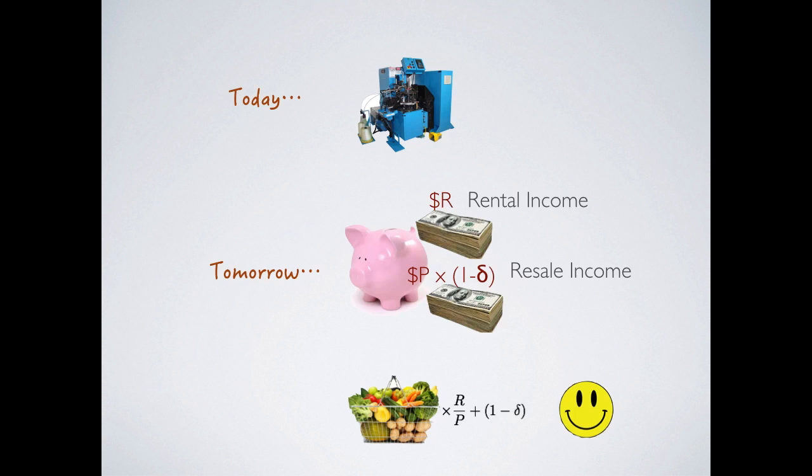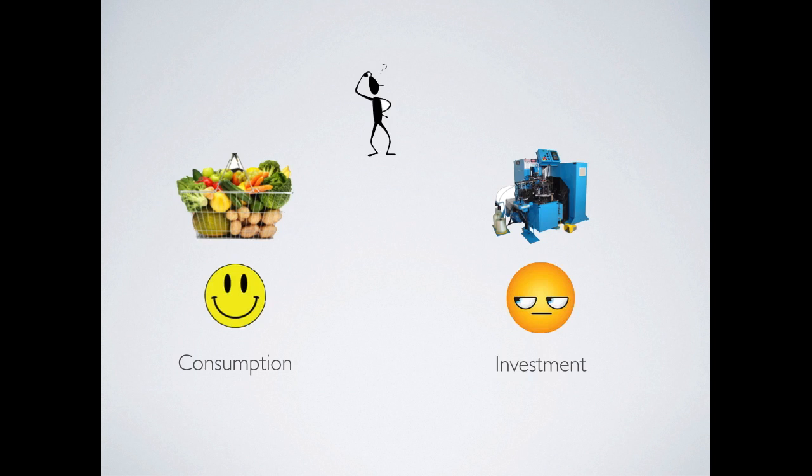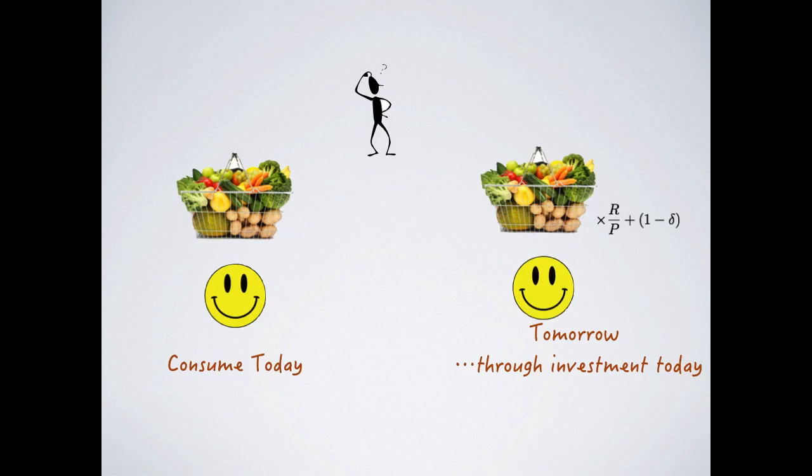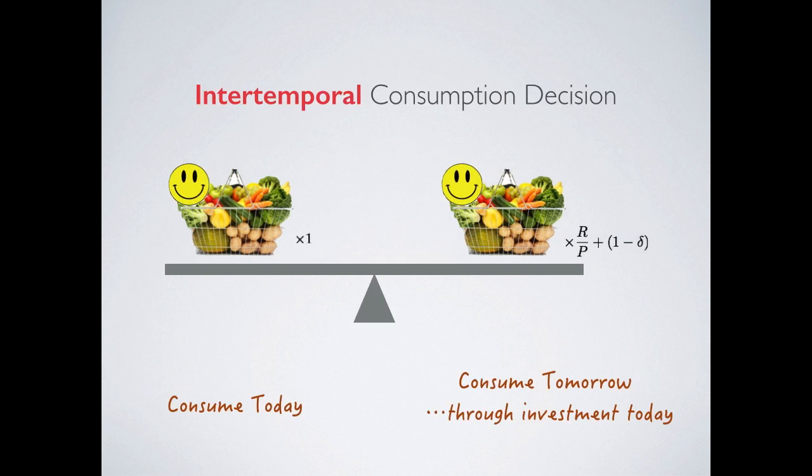This will be the amount of basket that you can get tomorrow for consumption from the unit of machine you buy today. So, in other words, when we consider consumption today versus buying one machine today, we are comparing consumption today of one unit of basket versus the possibility of consuming R divided by P plus 1 minus delta units of consumption basket tomorrow. So the investment you do today is actually a consumption choice tomorrow. So consuming today versus consuming tomorrow is an intertemporal consumption decision.